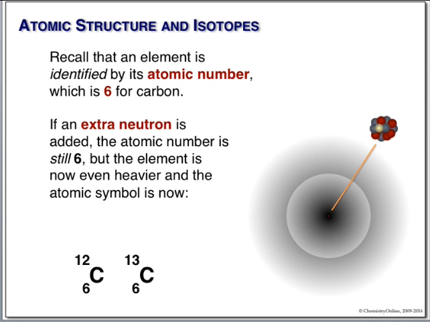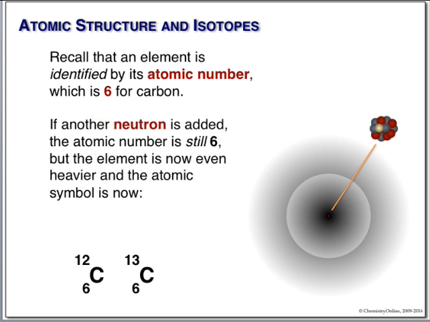Therefore, this is still a carbon. It just weighs more. Anything with 6 protons in its nucleus is a carbon. Period. If we add another neutron, we get a mass number of 14, but it's still a carbon.